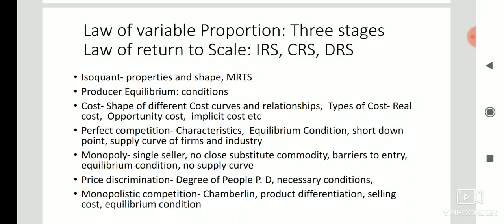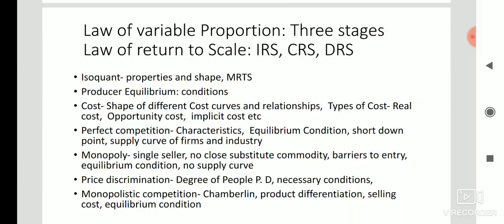Next, monopolistic competition. Sometimes a question comes as to who gave monopolistic competition; it was given by Chamberlin. Some of the important concepts: for the first time he introduced product group or group equilibrium, the concept of product differentiation, and selling cost.